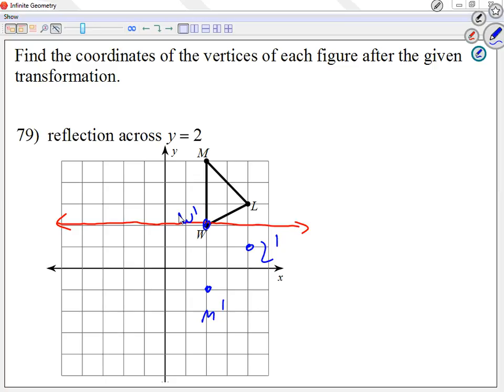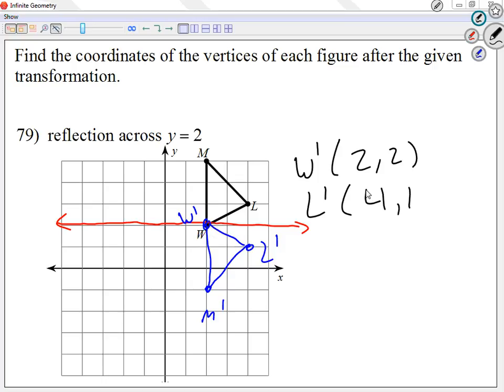So the question here is, give me the coordinates of the vertices, the coordinates of those corners. I can connect my points just to look at it. My coordinates will be W prime: 2, 2. L prime: 4, 1.